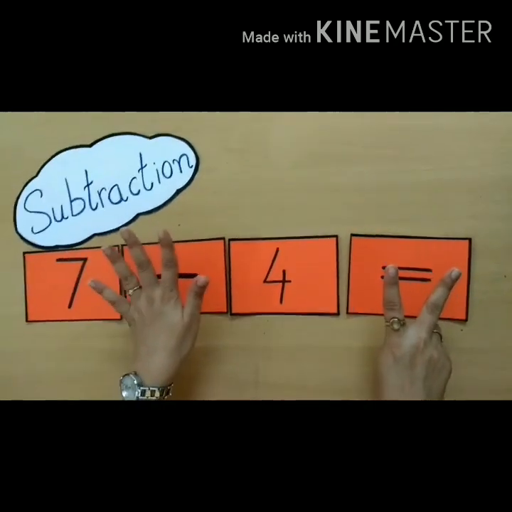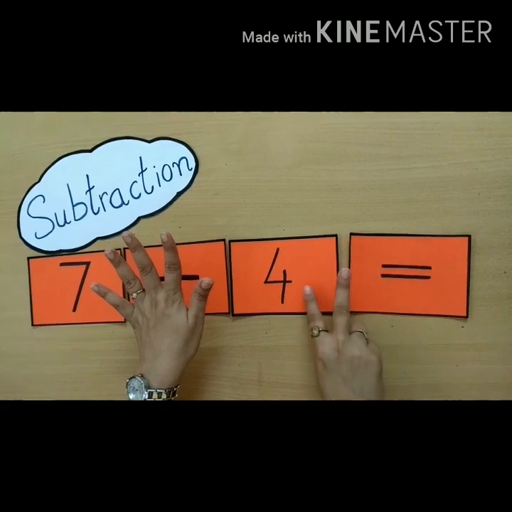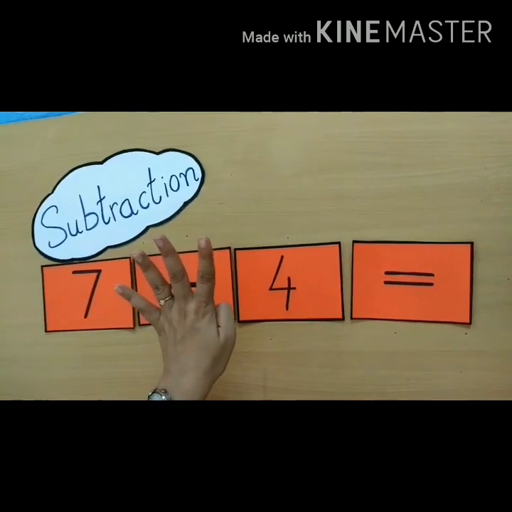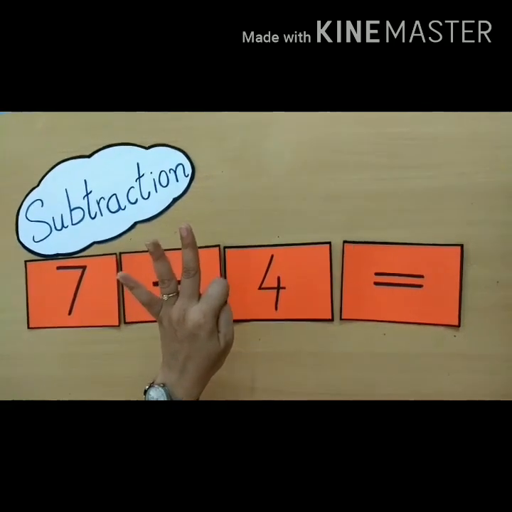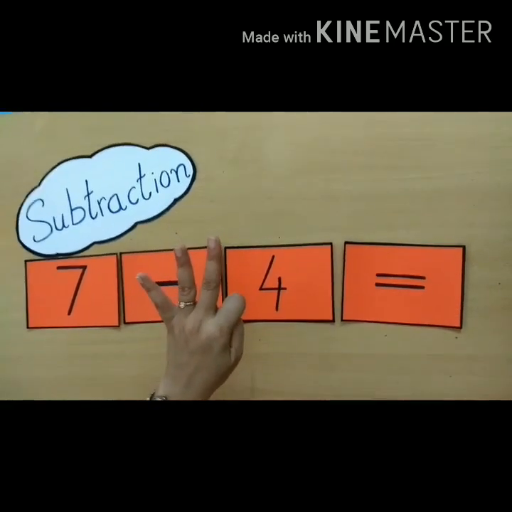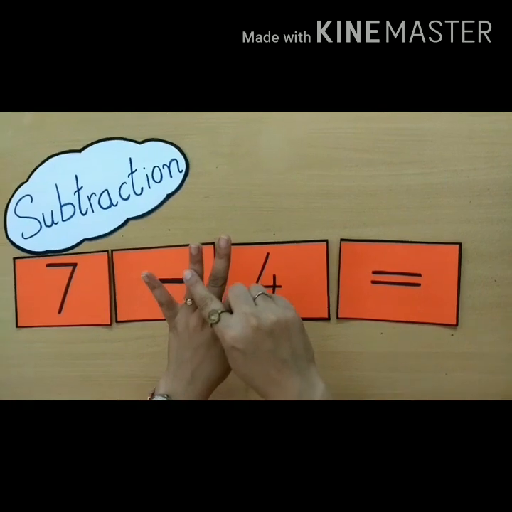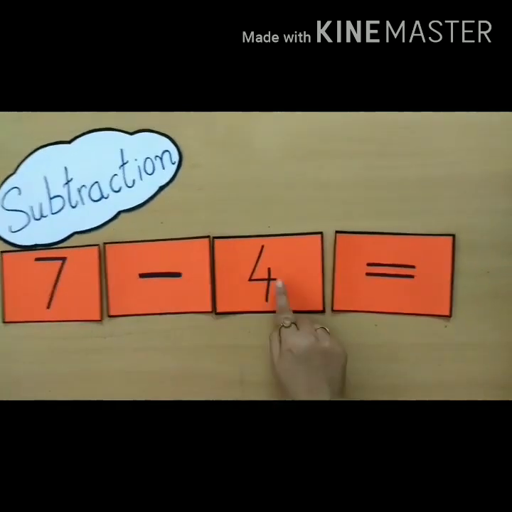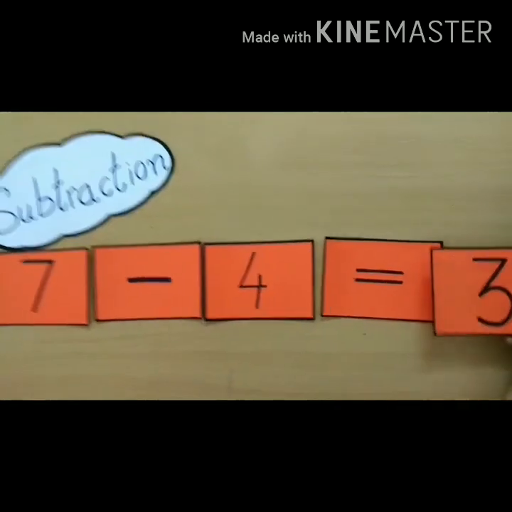And I have to put down 4 fingers. 1, 2, 3, 4. Now see how many fingers are left? 1, 2, 3. So 7 minus 4 equals 3.